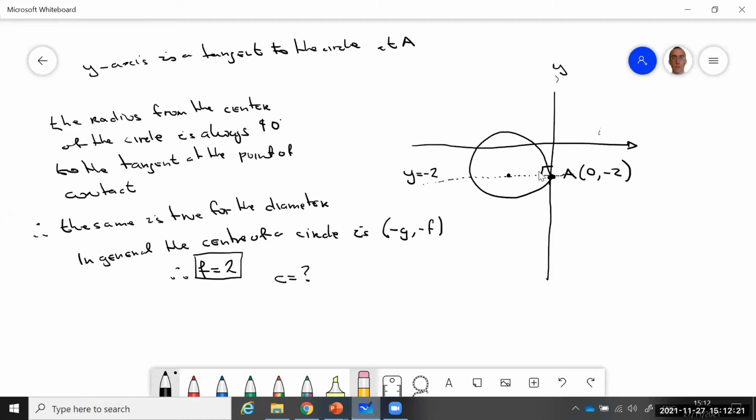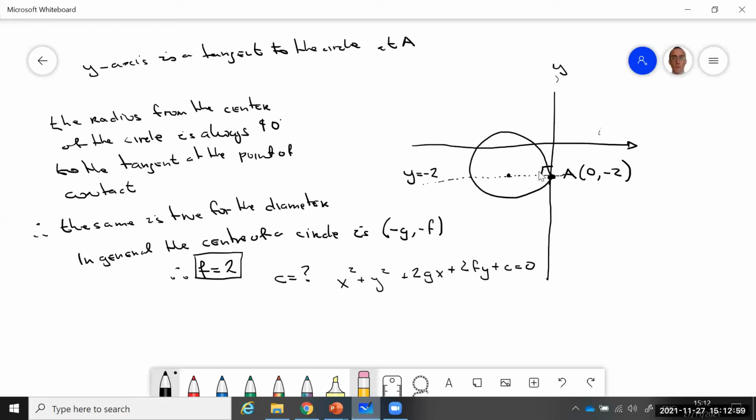Okay, so we know, and I said before, remember that the equation of the circle is the relationship of the x and y coordinates of all the points through which it passes. The circle passes through A, which is (0, -2). So therefore, if we sub in 0 for x and -2 for y into the equation of the circle, we would expect the equation to hold. So recall that the equation was x squared plus y squared plus 2gx plus 2fy plus c equals 0.